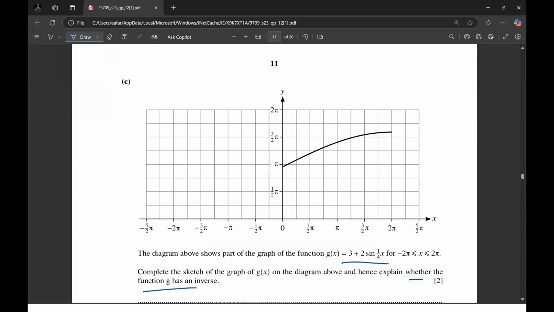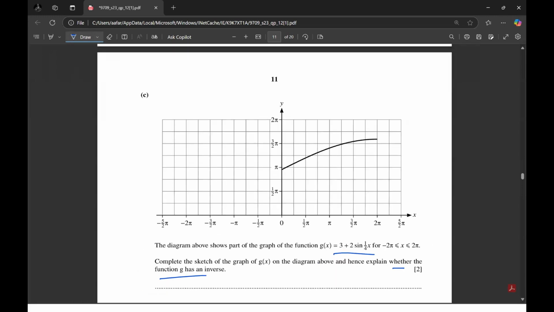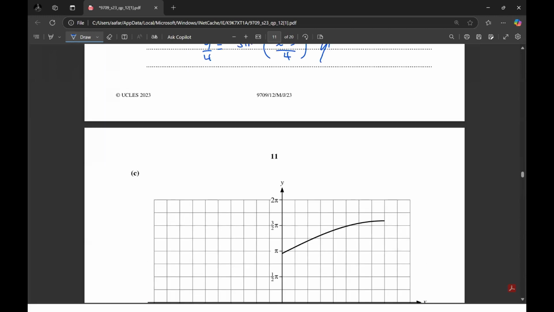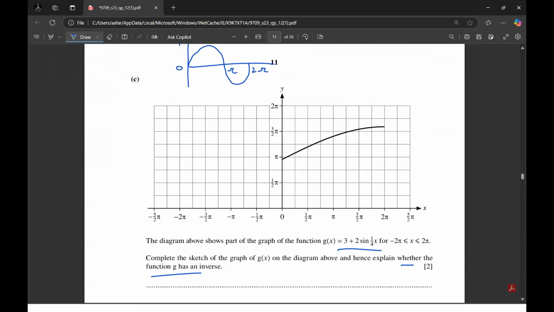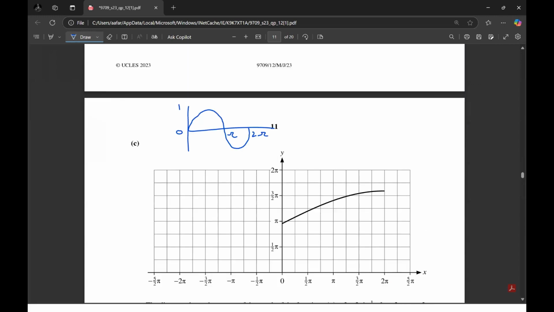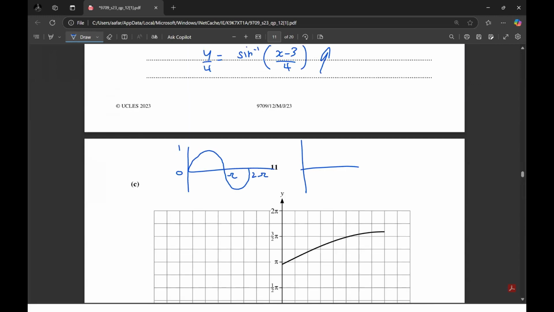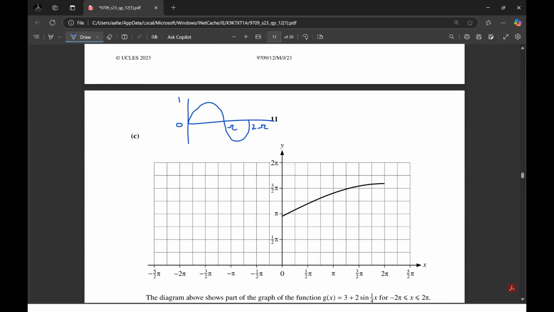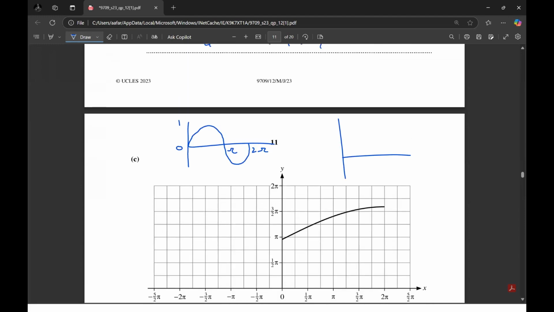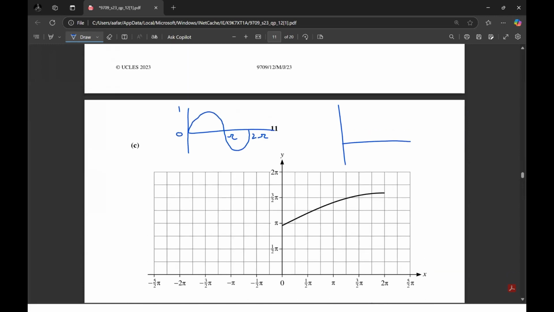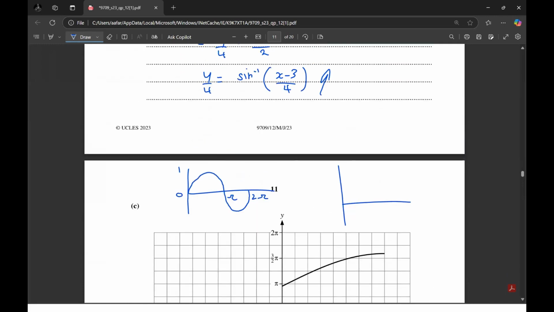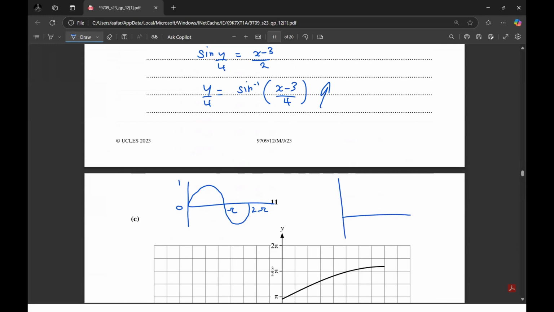Okay, so if we take the basic sine graph, it starts at 0, goes to 1, and so on. To understand what they've done here, they've manipulated this graph. They gave it a vertical shift of 3, increased its amplitude, and, most importantly, decreased its frequency.